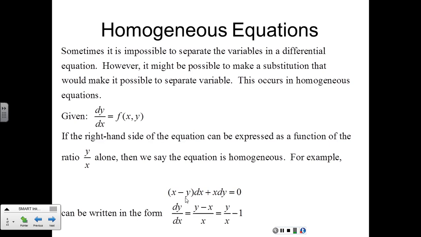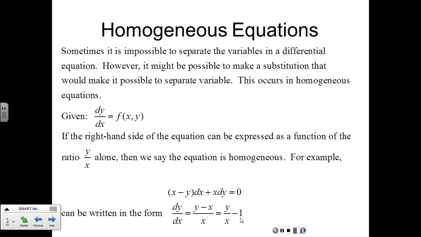If you were to solve this and get your dy over dx together, you're left with y minus x over x. And notice, if you have an expression like that, you could divide that x out of each term individually, y over x minus 1. If you can algebraically make your function in terms of something y over x, that makes it a homogeneous equation.